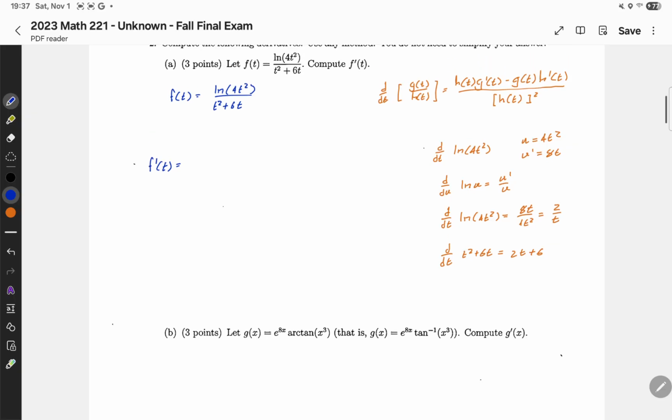This is going to be equal to, we're going to do the bottom, so that's t squared plus 6t times the derivative of the top, which is 2 over t from right here. This is minus the top times the derivative of the bottom, so 2t plus 6, all over the bottom portion squared. So t squared plus 6t squared, just like that.